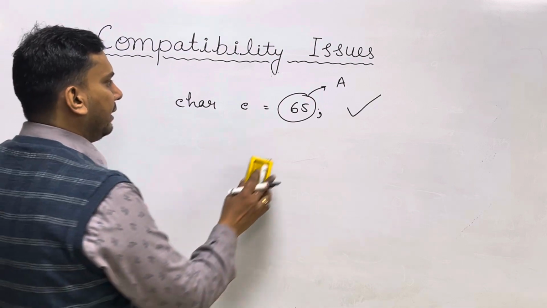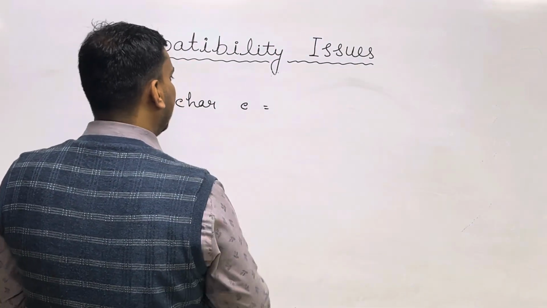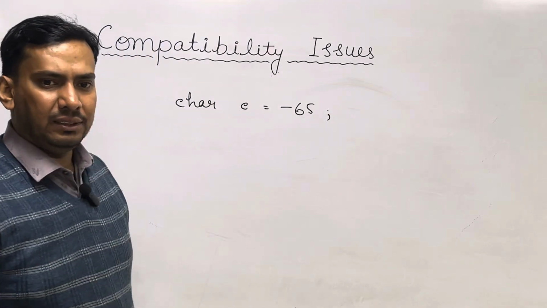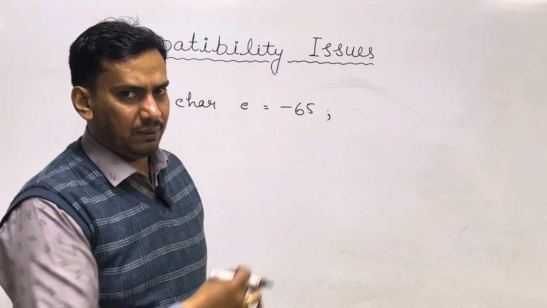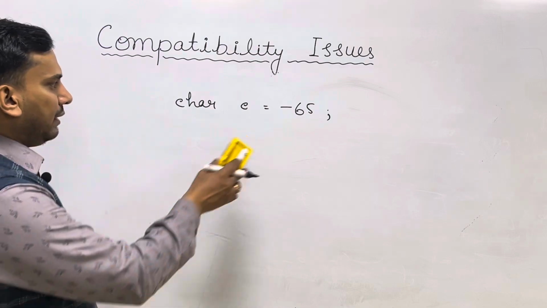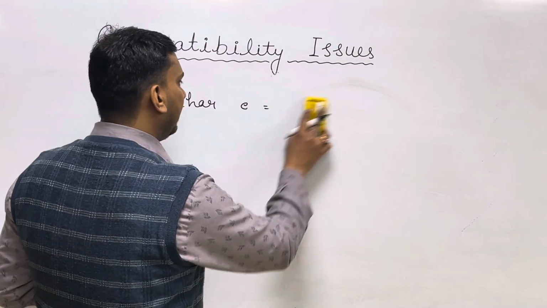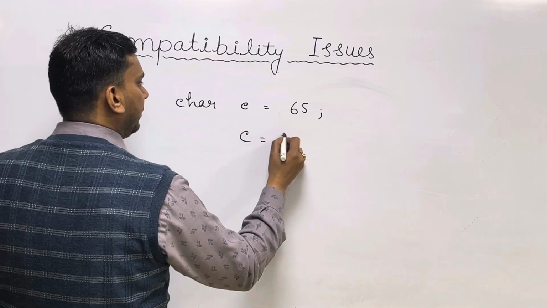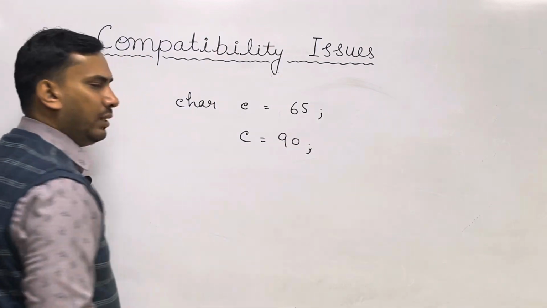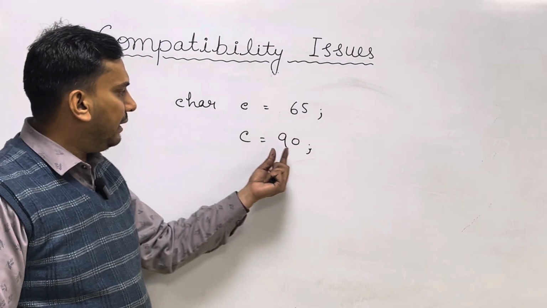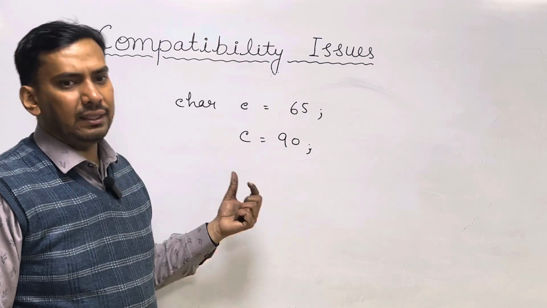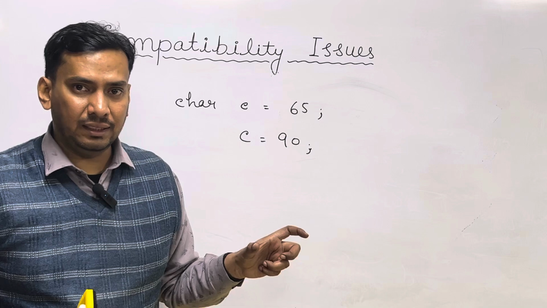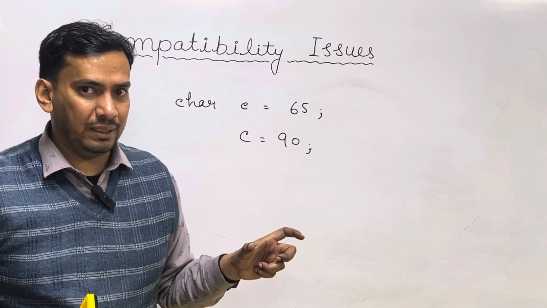But you cannot write minus 65 here because minus is not in the range of char, which is 0 to 65535 only, right? So this will give you a compilation error. I can also write something like this, c equal to 90 later on. Anywhere you can assign some integer literal directly to the char type. Char is compatible with an integer literal, not an int type variable.